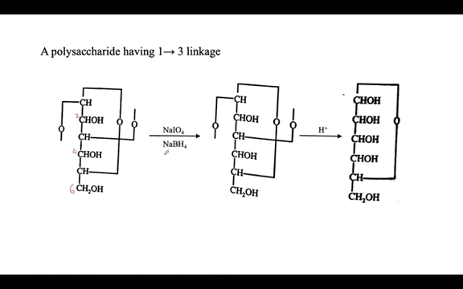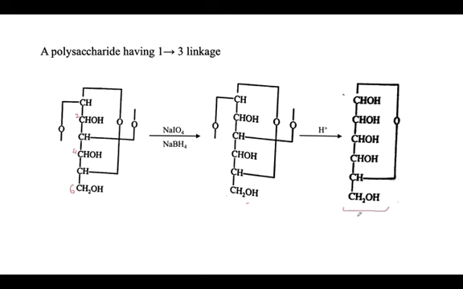When this molecule is treated with sodium periodic acid and sodium borohydride, there won't be any change in the molecule, and when hydrolyzed, we will find a clear glucose molecule, and we can say that no change has occurred and the whole molecule has been obtained.